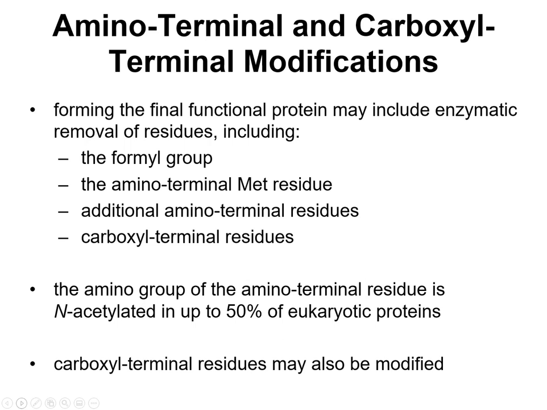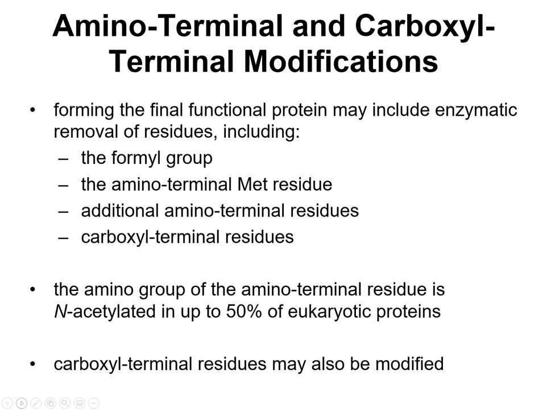So forming the final functional protein can include one or all of these things. You could use a protease to remove residues. You can remove the formyl group in bacteria. You can remove the N-terminal methionine residue altogether. You can remove additional N-terminal residues. You can remove residues from the C-terminus.